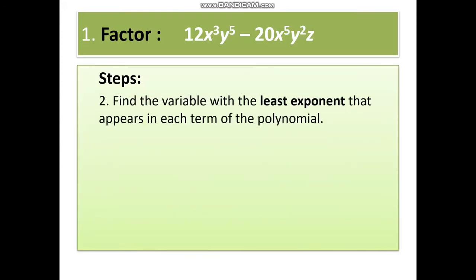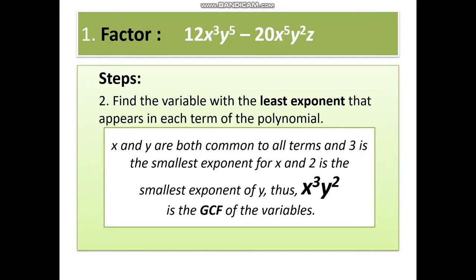Step 2, find the variable with the least exponent that appears in each term of the polynomial. So x and y are both common to all terms, and 3 is the smallest exponent for x, and 2 is the smallest exponent of y. Thus, x cubed y squared is the GCF of the variables.